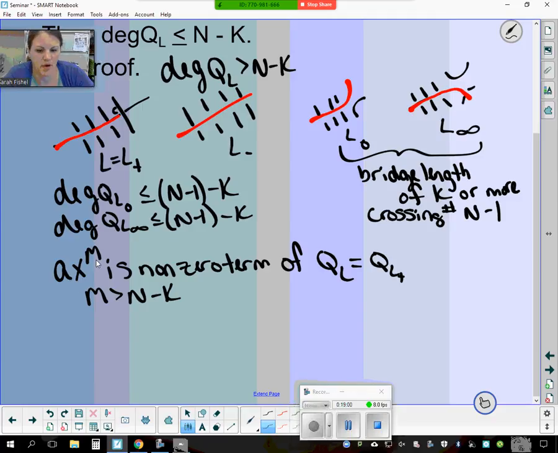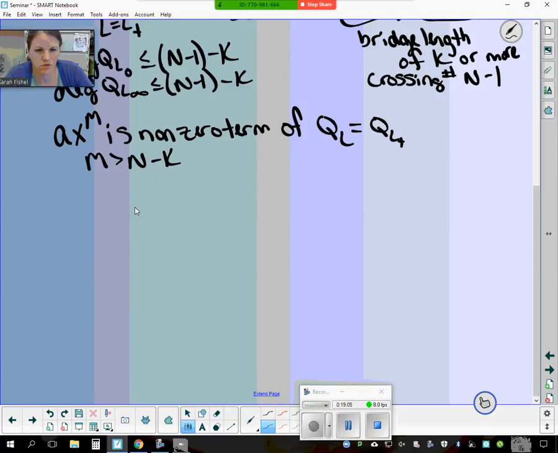Well, by our skein relation, our second rule for our q polynomial, the x to the m term of q of L minus must then be negative a of x to the m, in order to cancel, because a x to the m minus a x to the m is going to cancel.